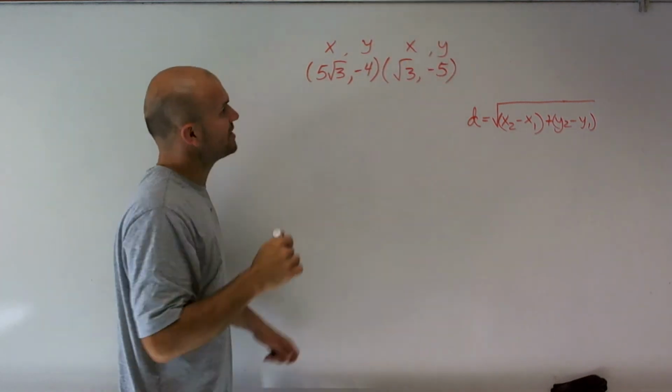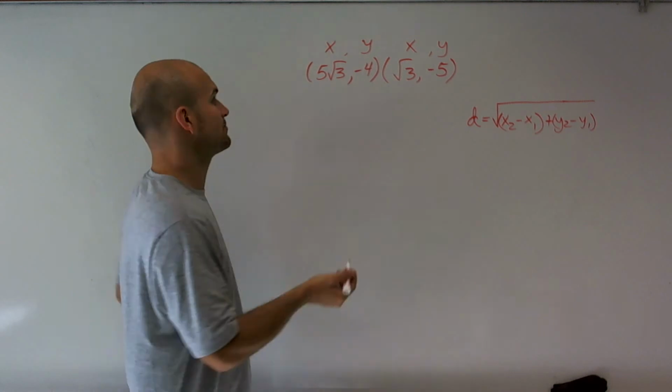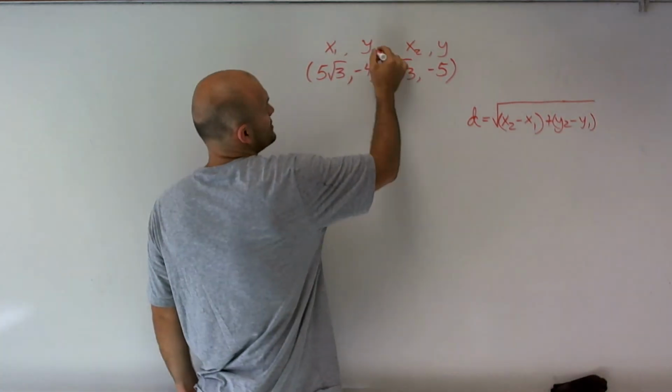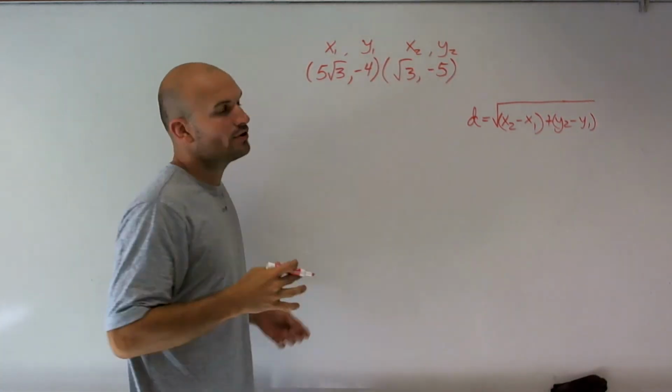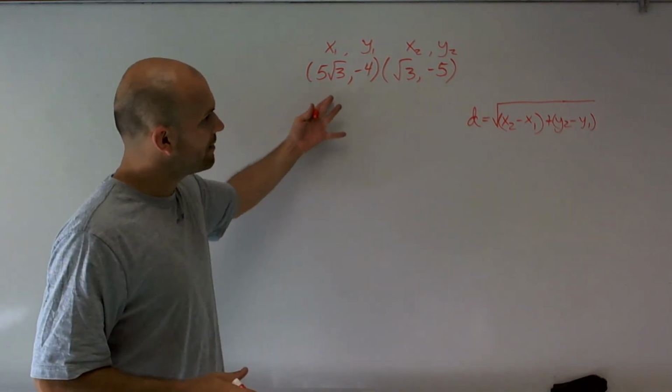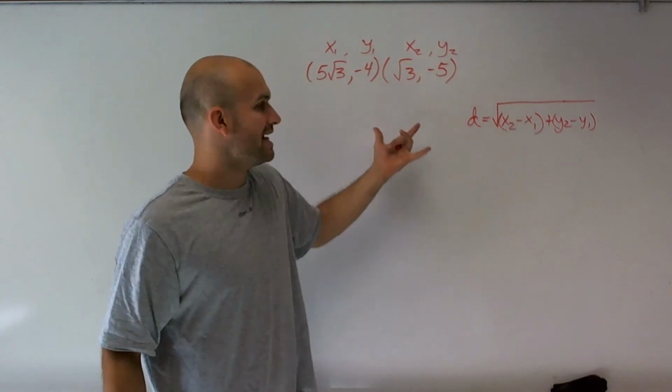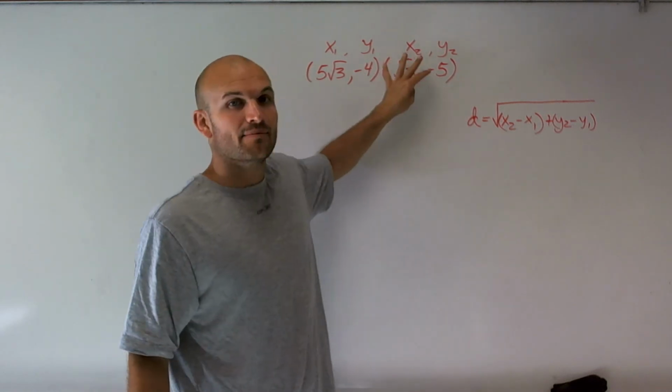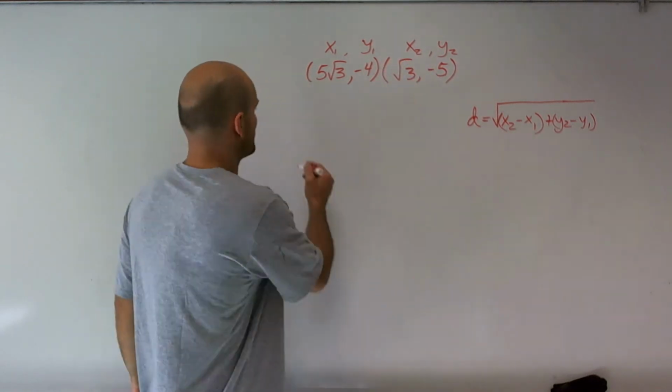To differentiate between them, we give them subscripts 1 and 2. The only reason we use the 1 and 2 is to differentiate between the two coordinate points. Now I'm going to evaluate by plugging my coordinate points into the equation.